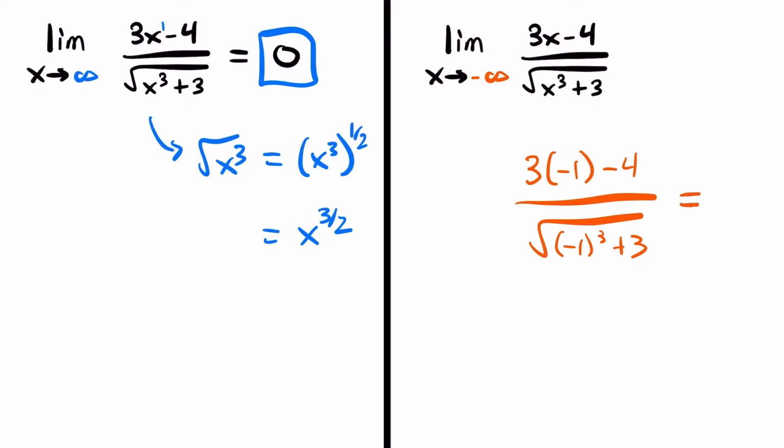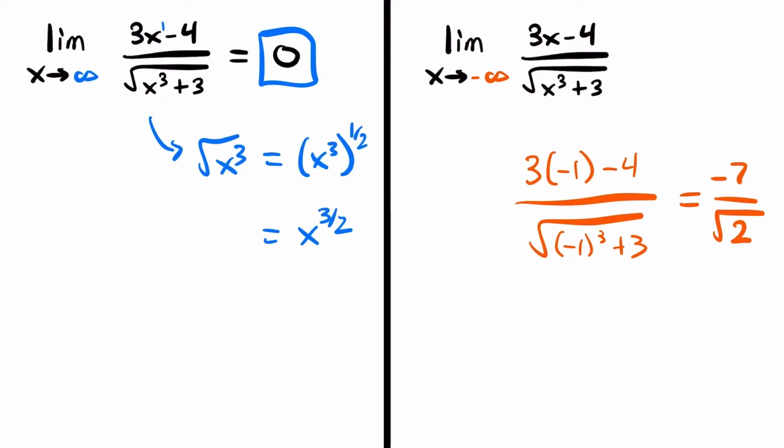So in the numerator, we will have -7, and that will be divided by the square root of -1 cubed plus 3. Now -1 cubed is -1 because -1 times itself 3 times is -1. And so we have -1 plus 3, which is equal to +2. And so in the denominator, we will have the square root of +2.